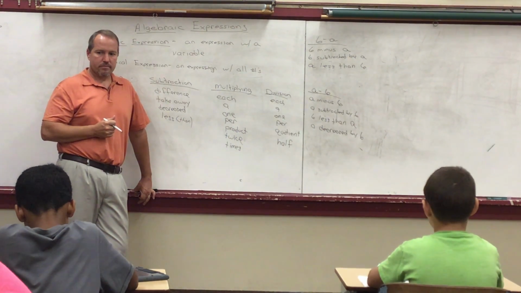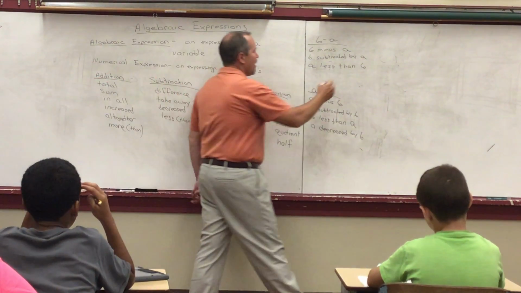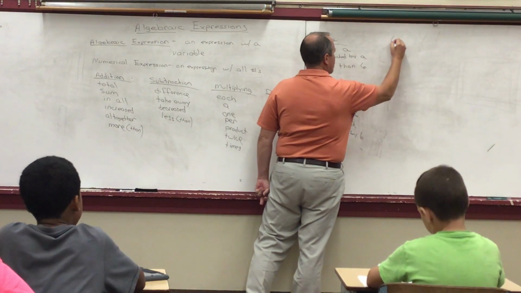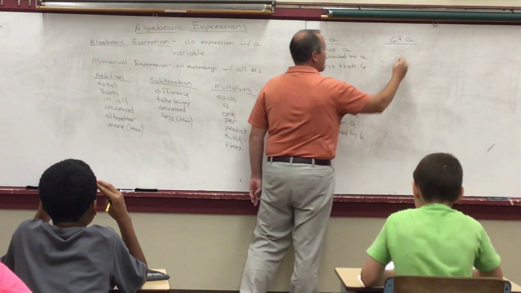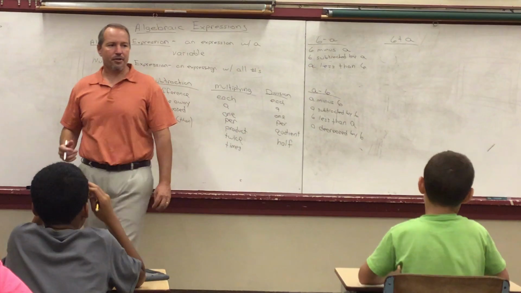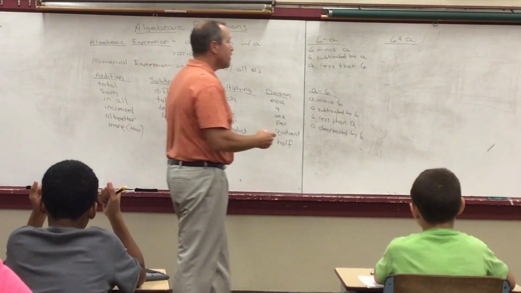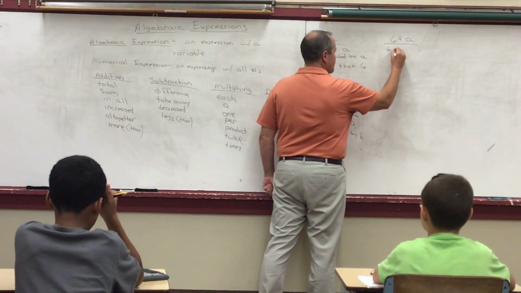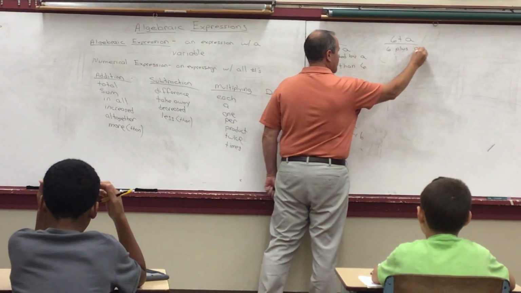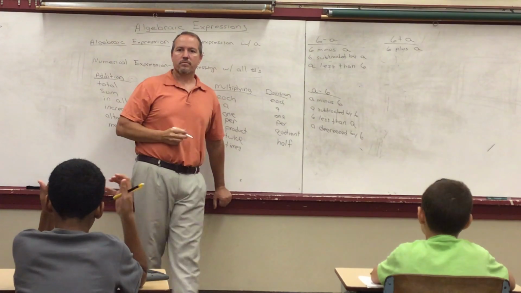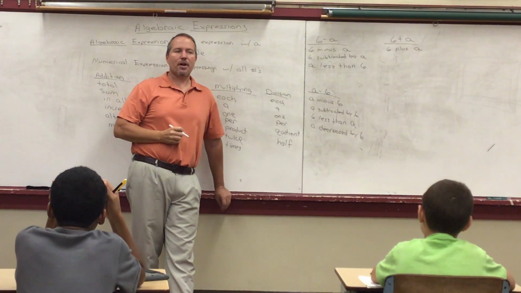How about if we have this? One way you could say that, what would be the easiest way? 6 plus A. 6 plus A. How else could you say that? 6 increased by A?